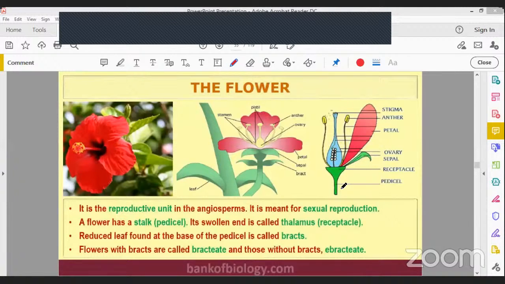The reduced leaf found at the base of the pedicel is called a bract. A flower with bracts is called bracteate, and those without bracts are called ebracteate. So remember this, students. Take it down.